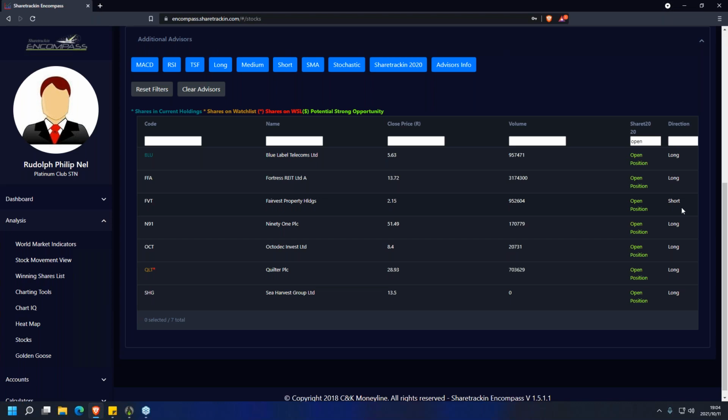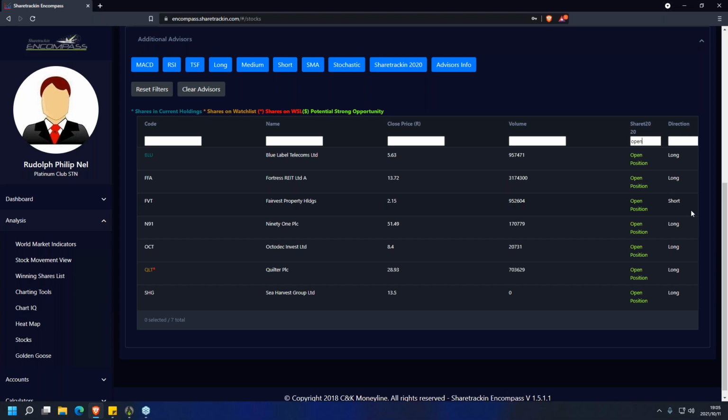You've got a few other things that go with it, but you can place a short position or a long position because you're either trading, let's say, for the US dollar or against the US dollar, or for the rand or against the rand. It's the same with the companies. You're either trading with the company on a long, or you're trading against the company on a short. So you're basically hoping that the company is going to go upwards if you're placing a long, or you're hoping that it's going to go down when you place a short position.